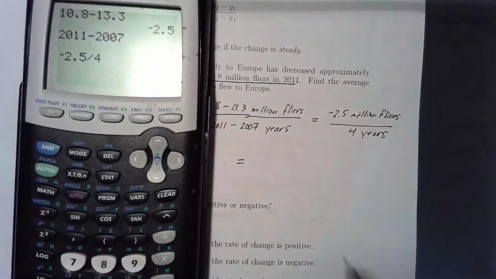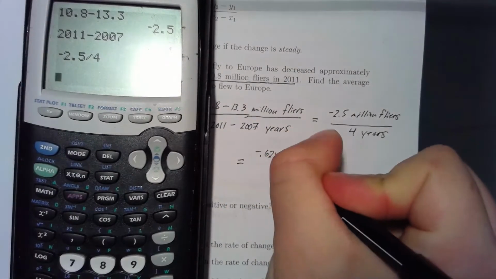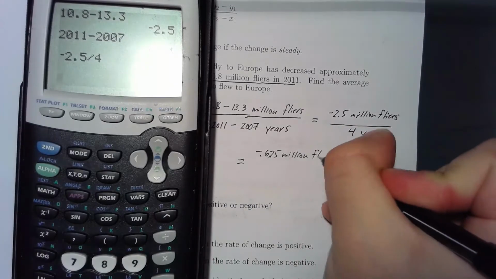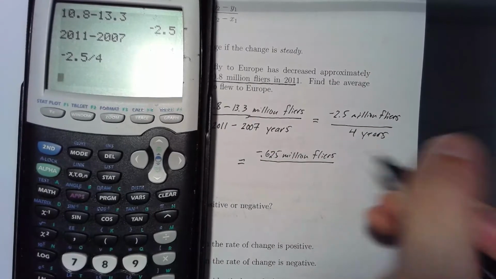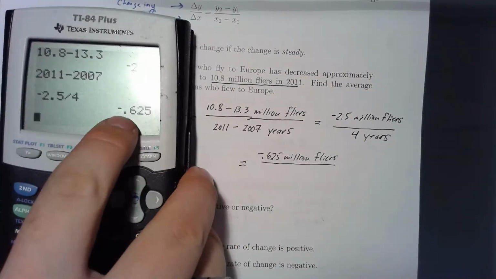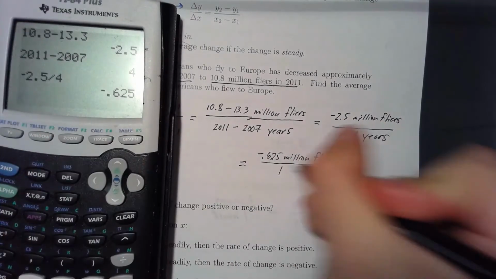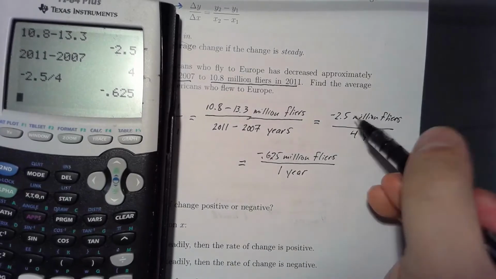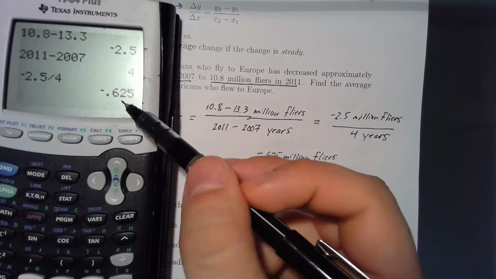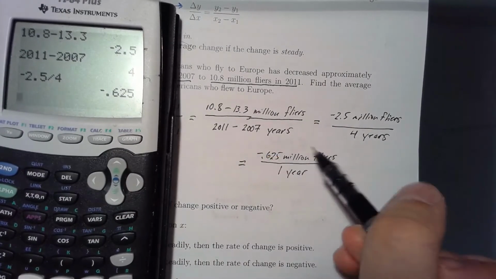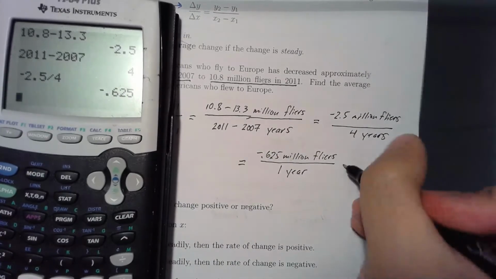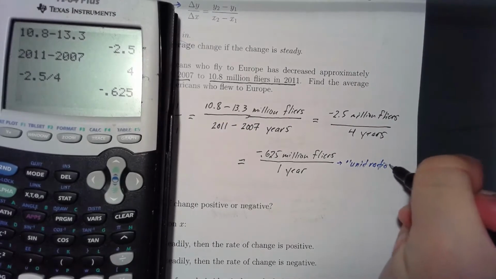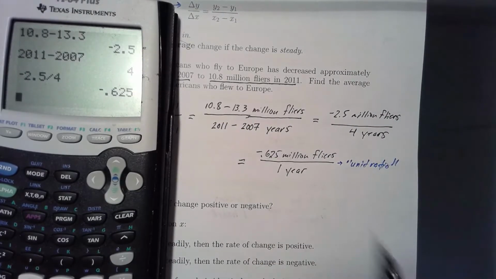Negative 0.625 million flyers per, now since this is the value, that's going to be over 1 per 1 year, because that's what this reduces to. I just did that division in the calculator and got that. And this is the unit ratio, where the denominator is 1.